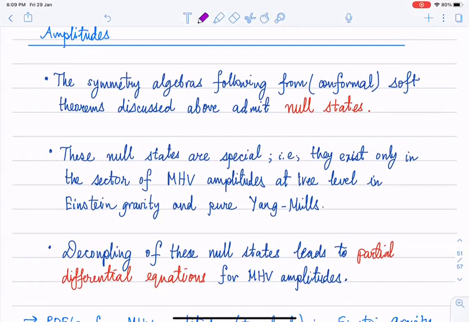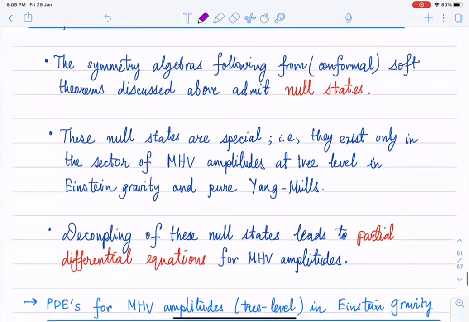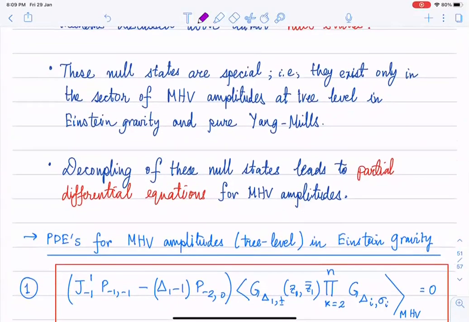These null states have to decouple when you insert them within some physical scattering amplitude, and the statement of this decoupling can be translated into a differential equation. The decoupling of these null states gives you a set of partial differential equations which the MHV amplitudes, either in Einstein gravity or in Yang-Mills theory, have to satisfy.